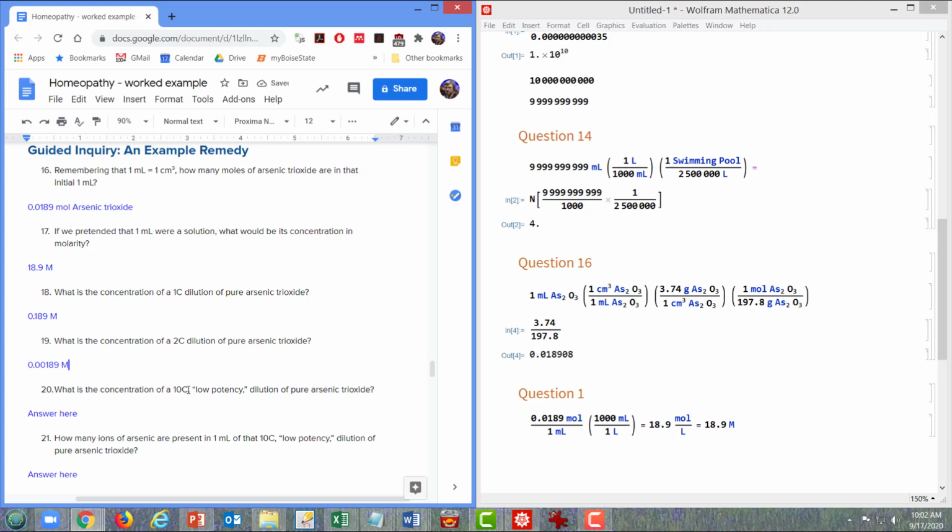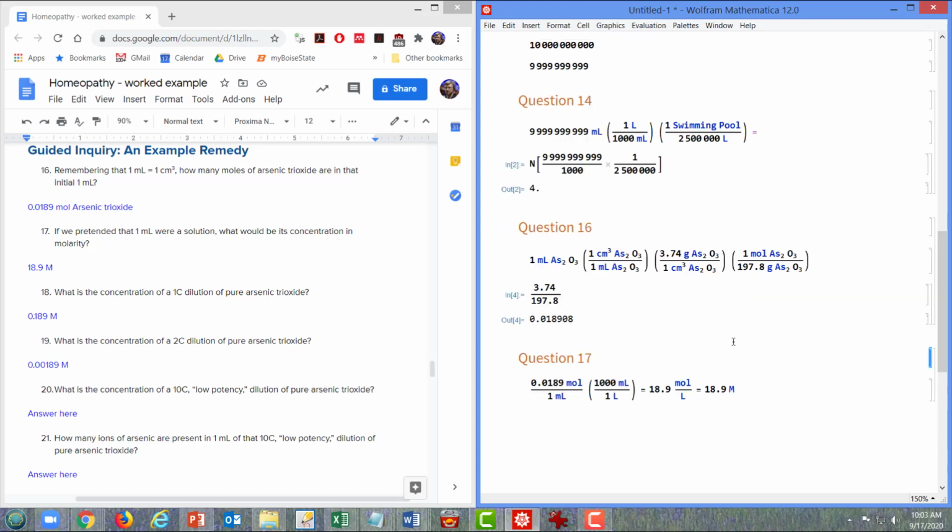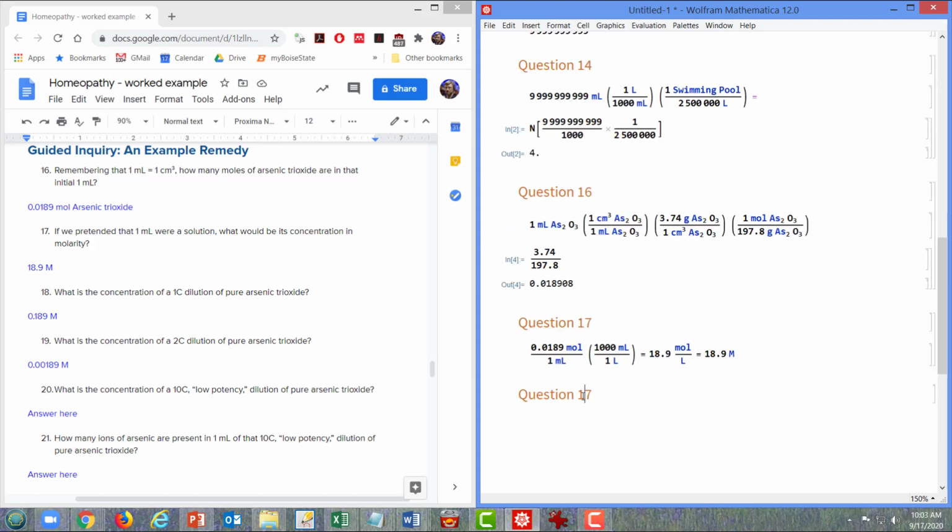What is the concentration of a 10C dilution of arsenic trioxide? Okay, so jumping from 2 to 10, we could sequentially move the decimal point over by 2 each time, or we can try to look for the pattern here. All right, so let's come over here and look at question 20.